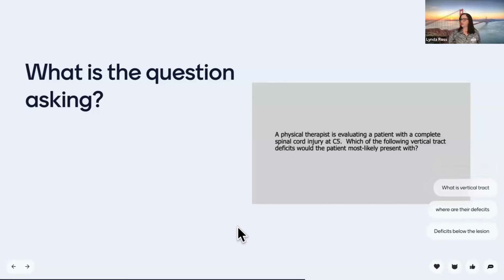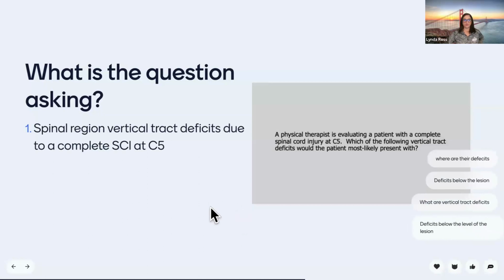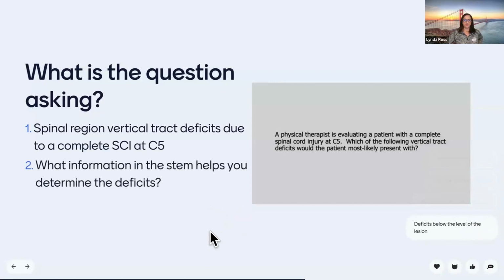What vertical tract deficits will the patient have due to a complete spinal cord injury at C5? Excellent, Caitlin. We're already starting to get the concepts up there. Everybody's jumping ahead. So, spinal region versus vertical tract deficits due to a complete SCI at C5.